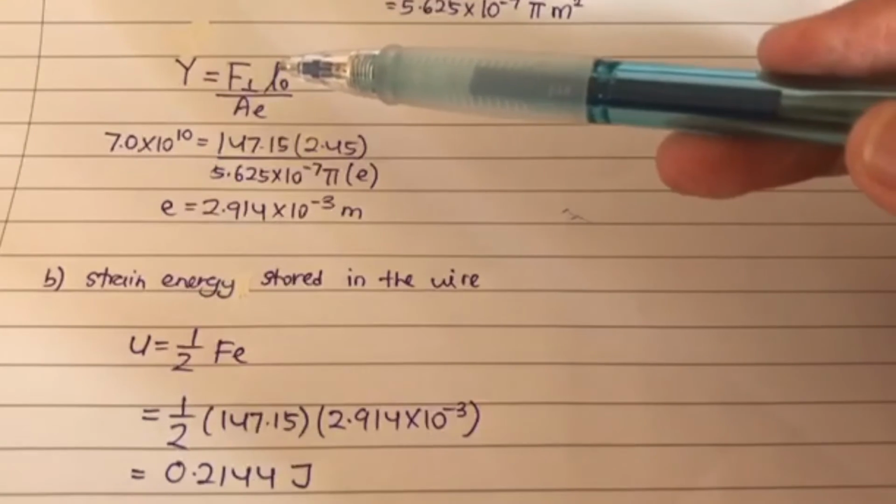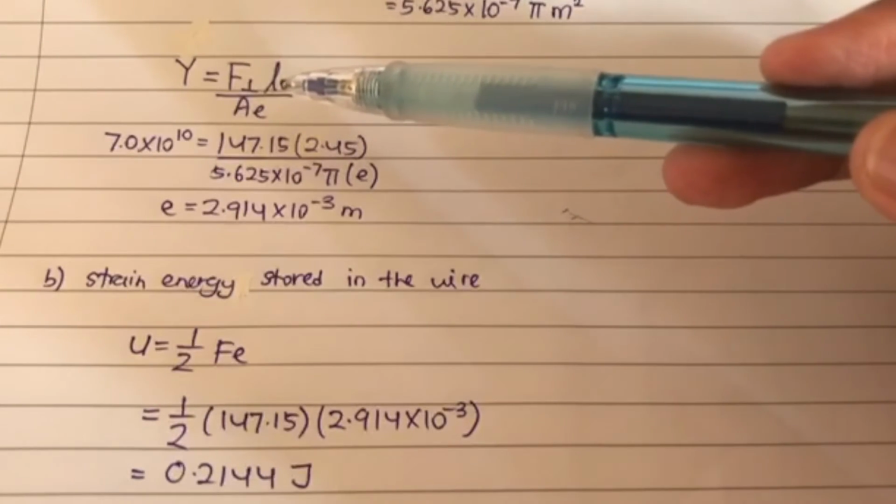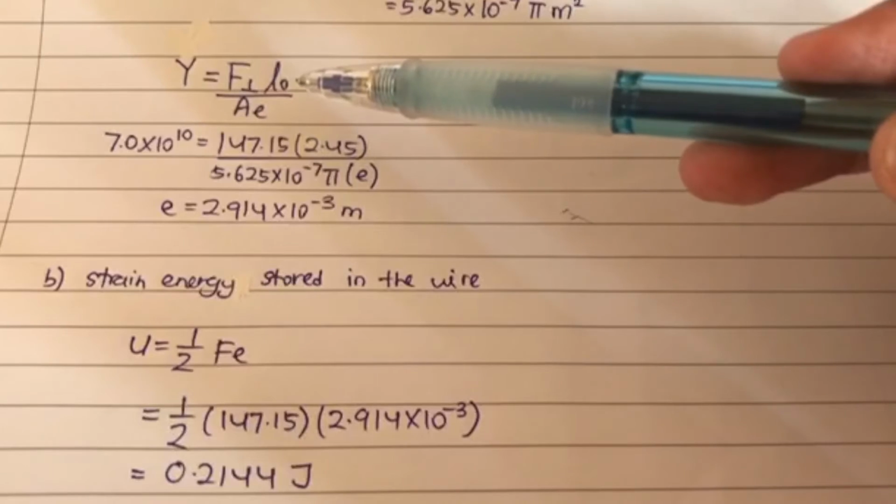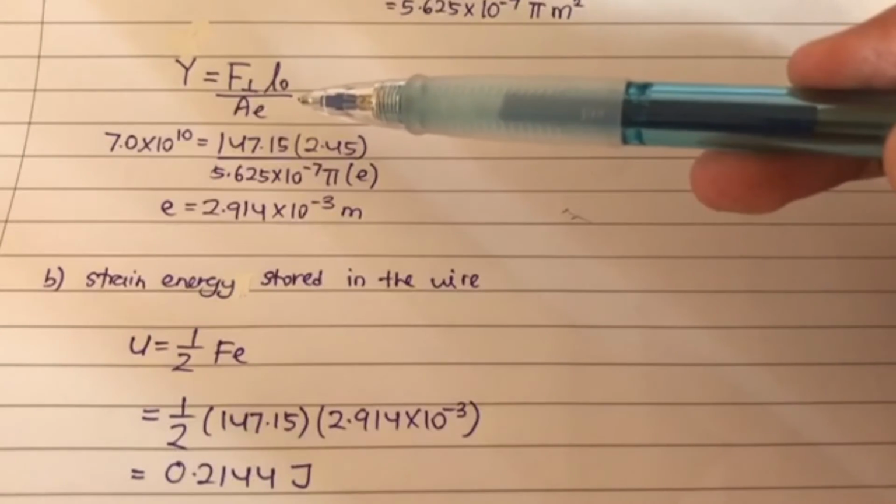So the formula of Young's modulus is equal to force times L naught over area times extension.